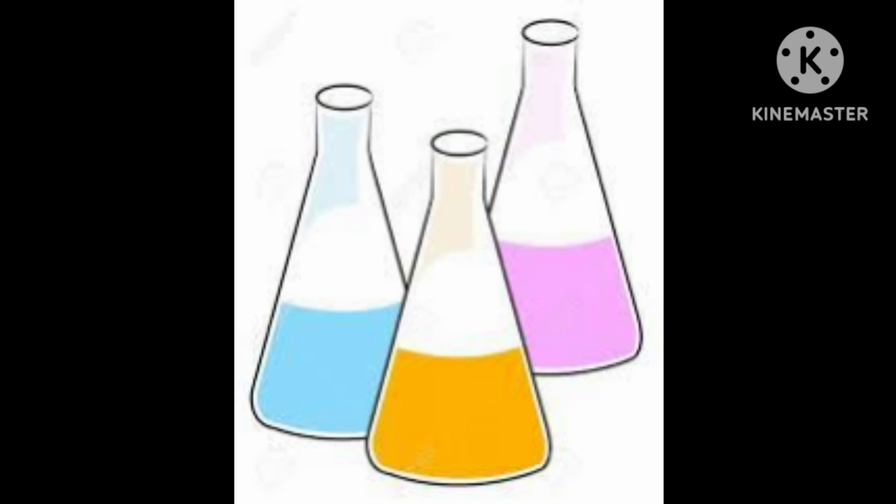And in this water, if you add any other things like salt, maybe NaCl, maybe KCl, maybe ZnSO4, maybe ferrous sulfate, any salt, and if you dissolve it, then again it is a mixture of two things.